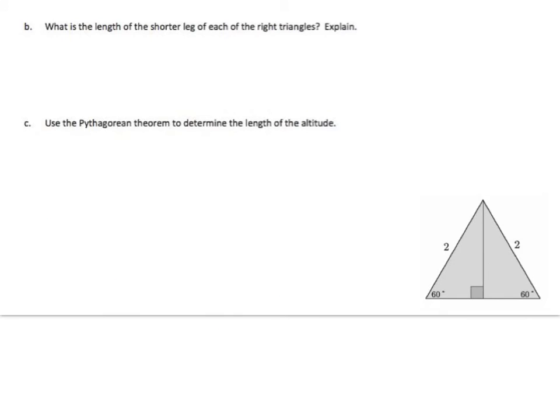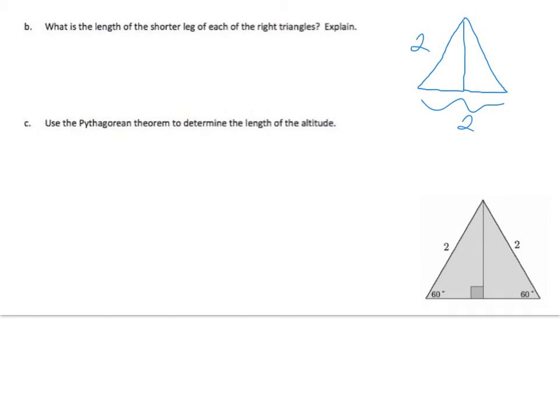What is the length of the shorter leg of each of the right triangles? I'm only going to do one because they're equal. So here we have 2, and that's all we know. If we know that before the altitude was there it was an equilateral triangle, that means the whole side was 2.